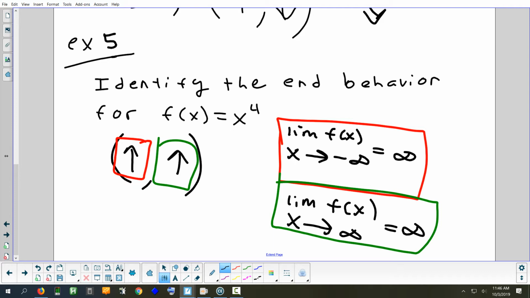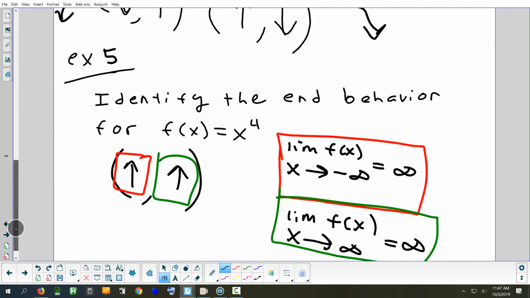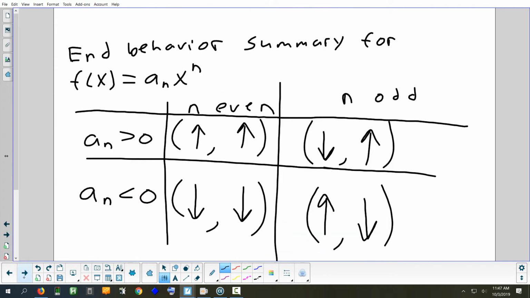Does anyone think they know the pattern here of when you get the same behavior on each end and when you get opposite behavior? Yep. Even is the same, odd is different. So this table summarizes it: if you have an even exponent, it's either going to both be up or both be down. How do you know which one?